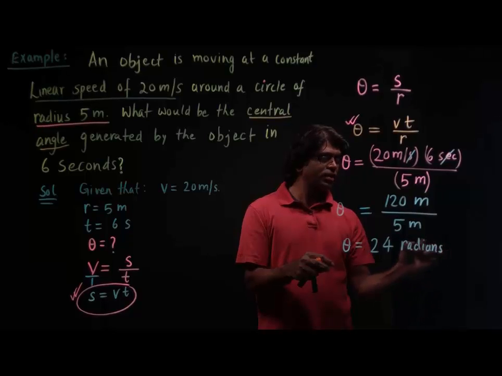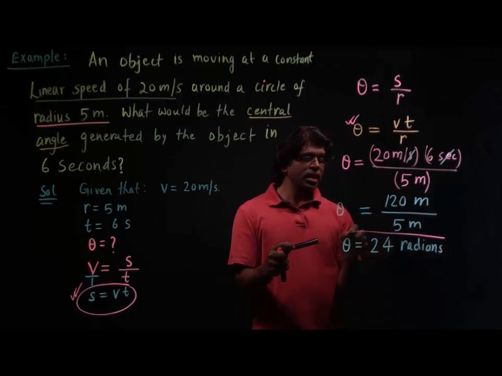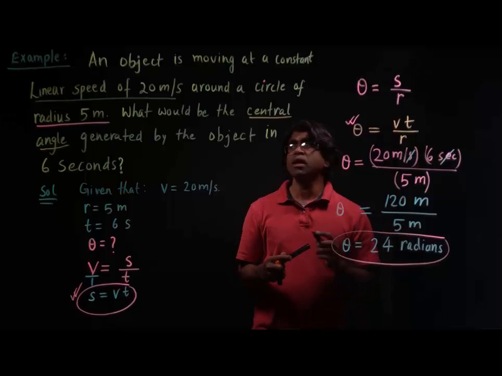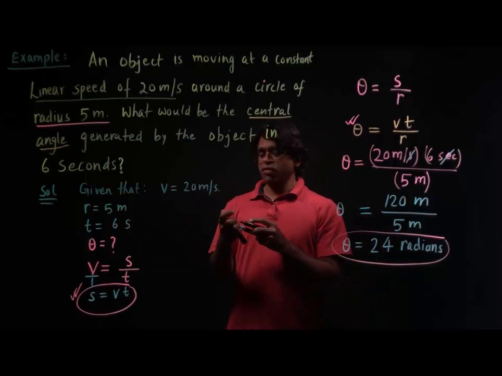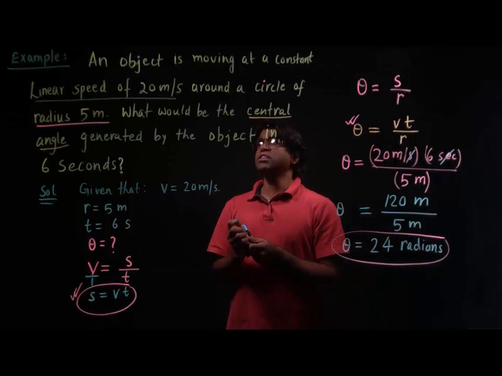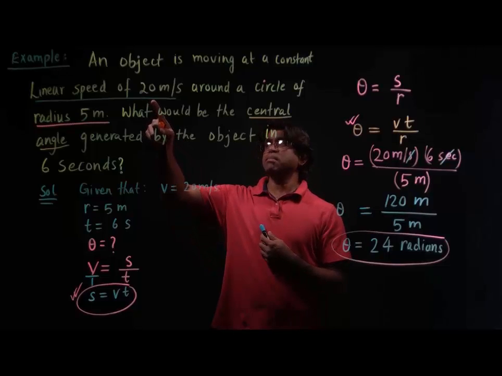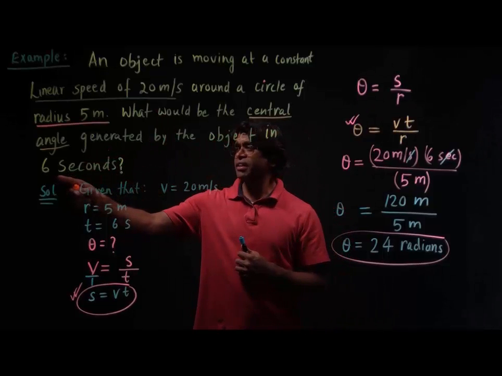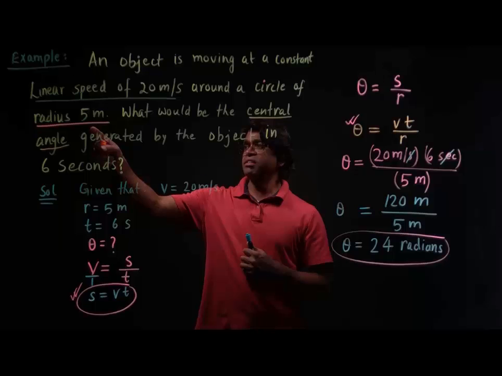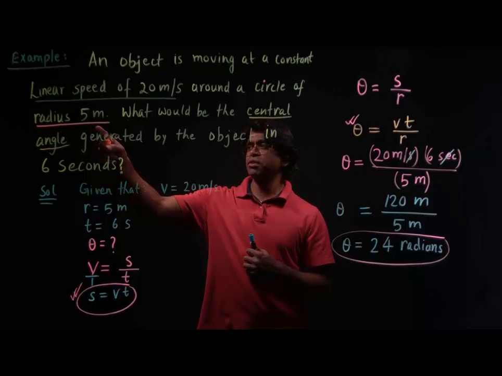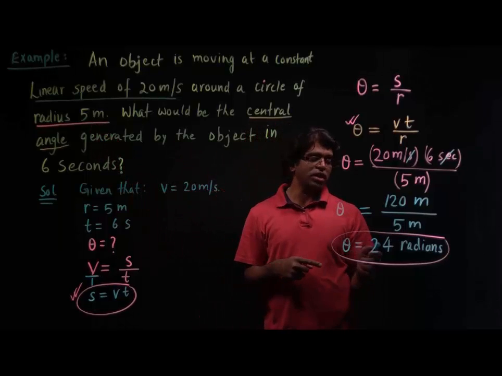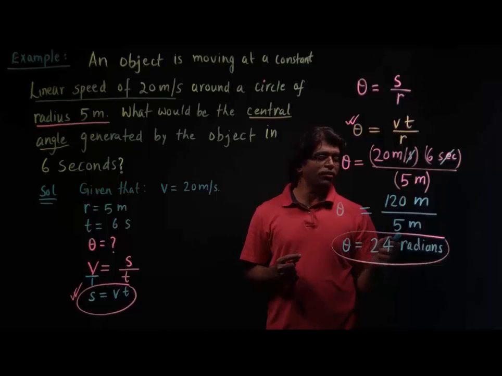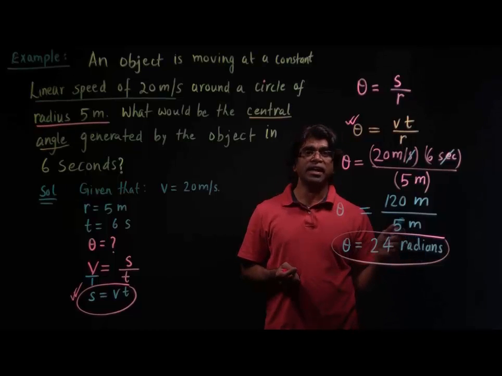24 radians. What does that mean? It simply means that when the object moves around the circle at a linear speed of 20 meters per second for 6 seconds, and the radius of the circle is 5 meters, then that object will generate 24 radians at the center of the circle.